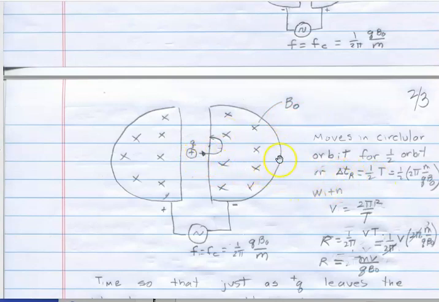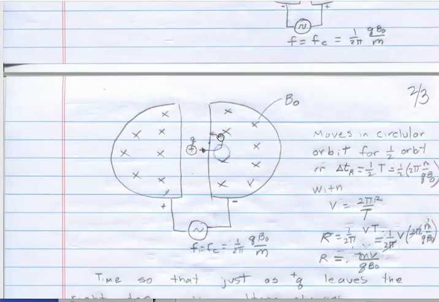And the time it takes for it to make half an orbit here, well, I know the total time it takes is a period, which is 2π, we got that for a circular orbit, is this. So I know that the amount of time it takes to make this half circle to this point is half of that value.